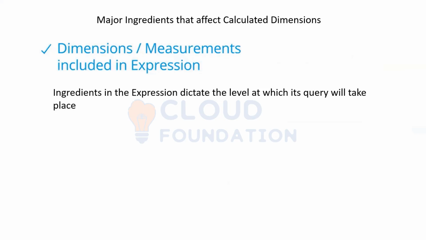Dimensions or measurements included in the expression. So whenever you are writing an expression for a calculated measurement, the ingredients in the expression and the associated levels of context or related stuff that we want to have for ourselves basically dictate the level at which the query will take place.